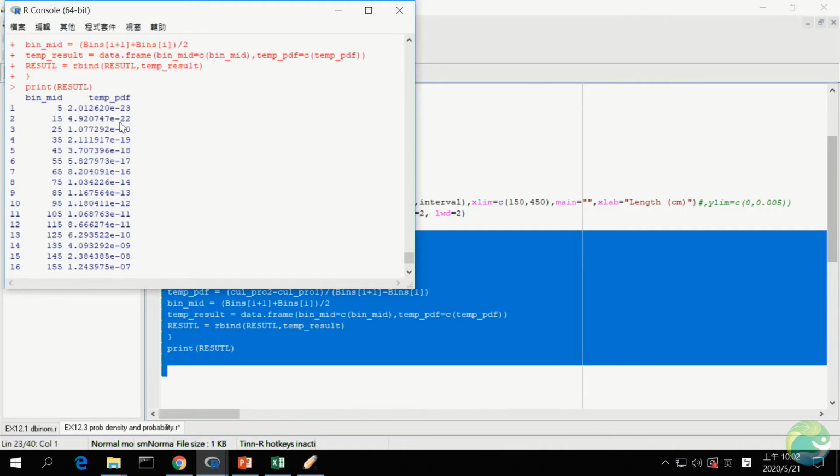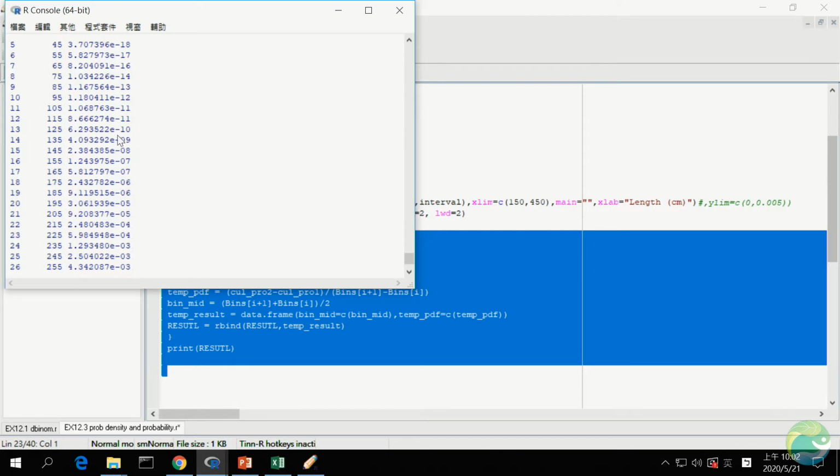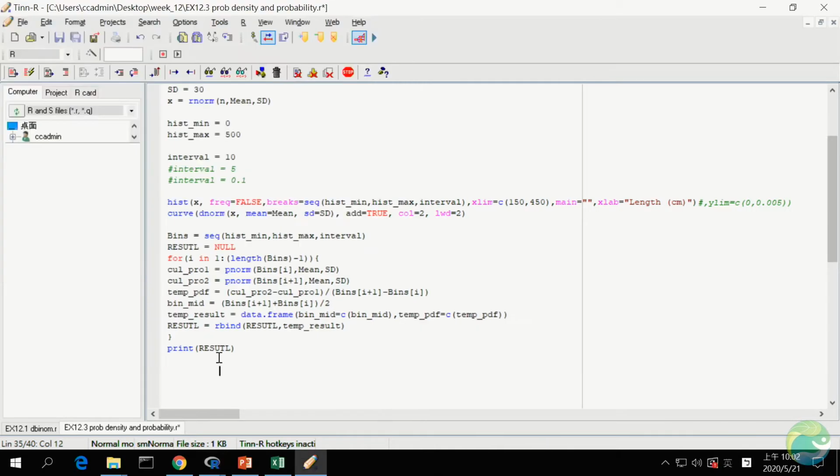So here I monitor the bin and the corresponding probability density. Okay? And we can plot this one too.